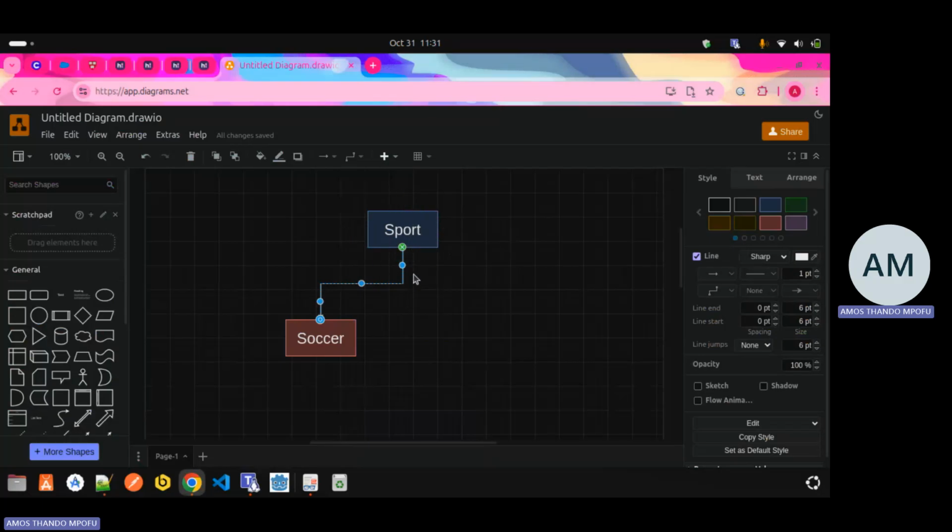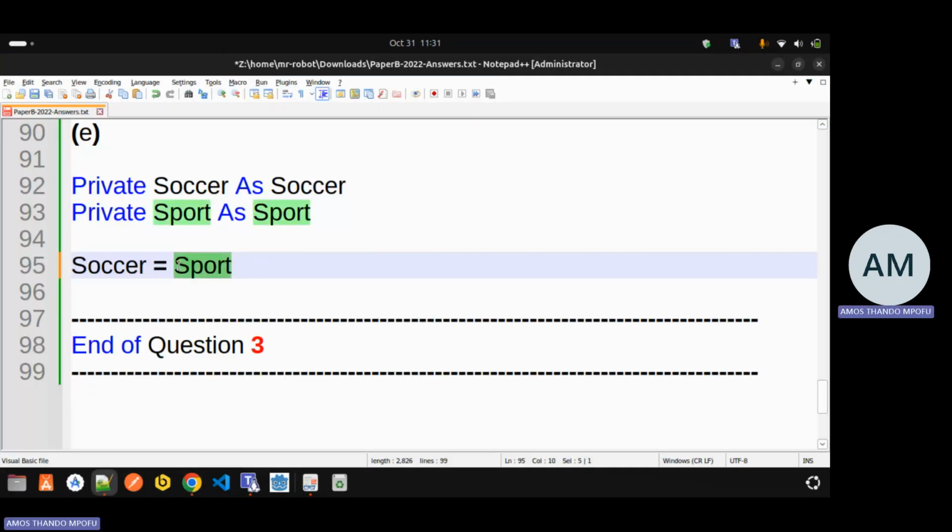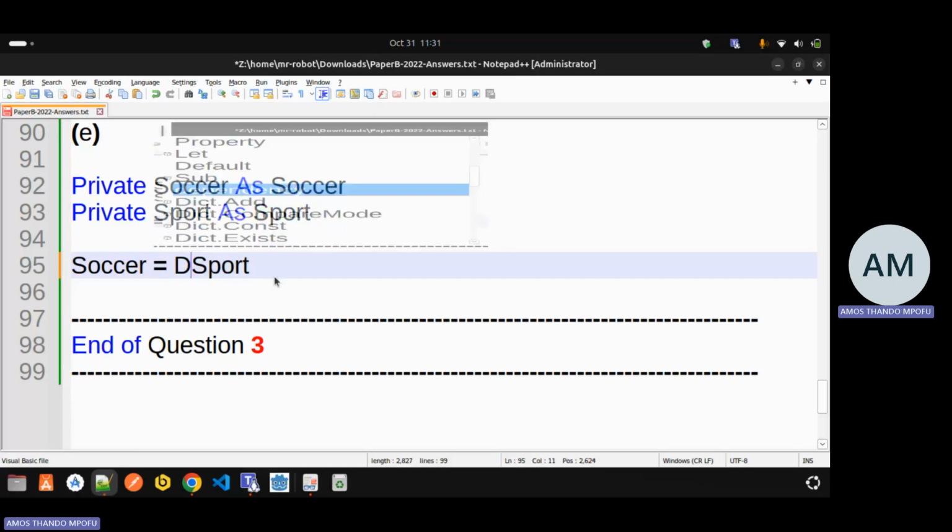So I'm converting downwards, or I'm converting from a type that's at the top to a type that's at the bottom. So it's downcasting. And downcasting doesn't happen implicitly, or indirectly. You need to do it explicitly. That means manually.